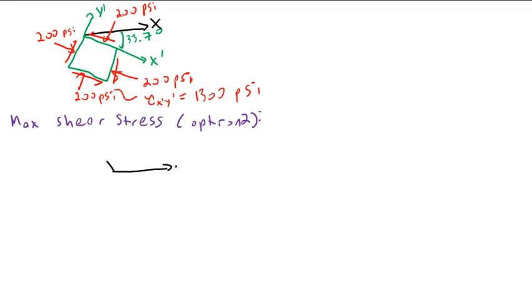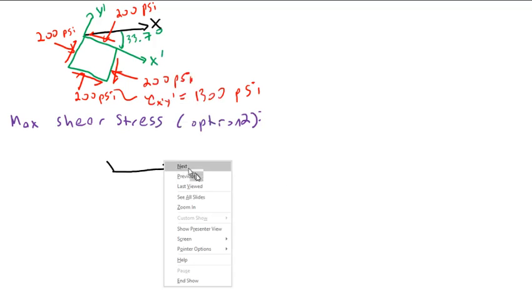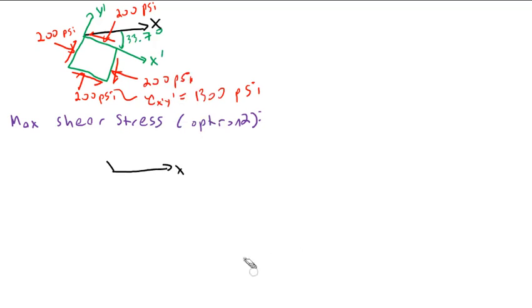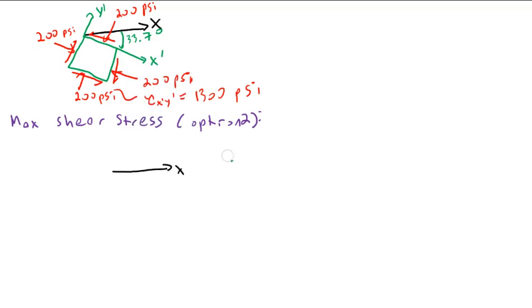And so this is the x-axis here. Let me erase that other line. This will be x prime and y prime.